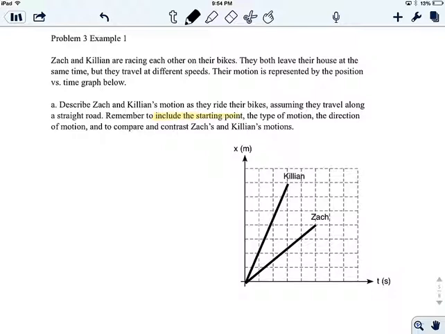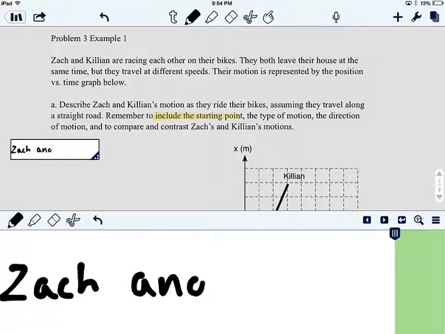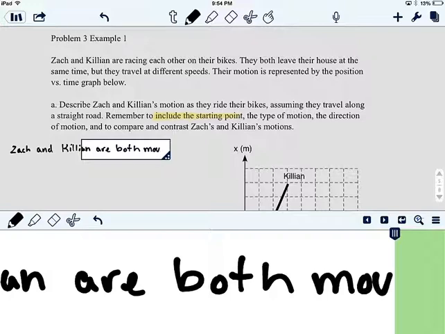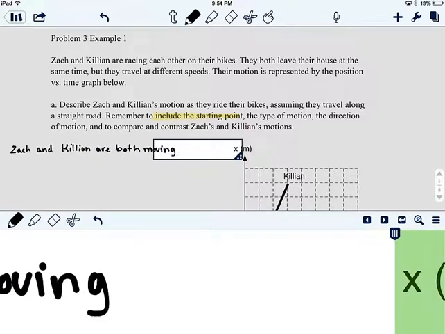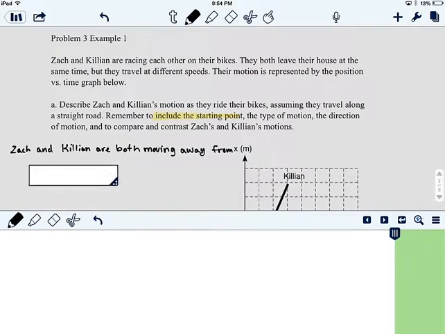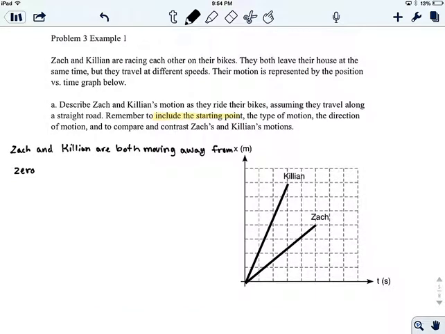Zach and Killian are both moving away from zero.